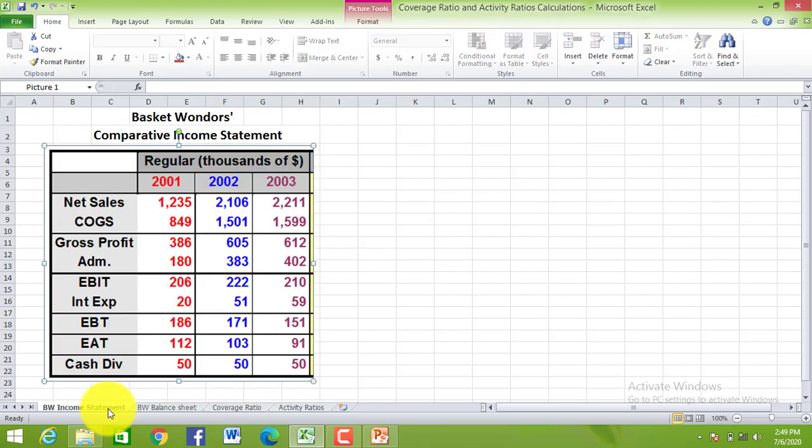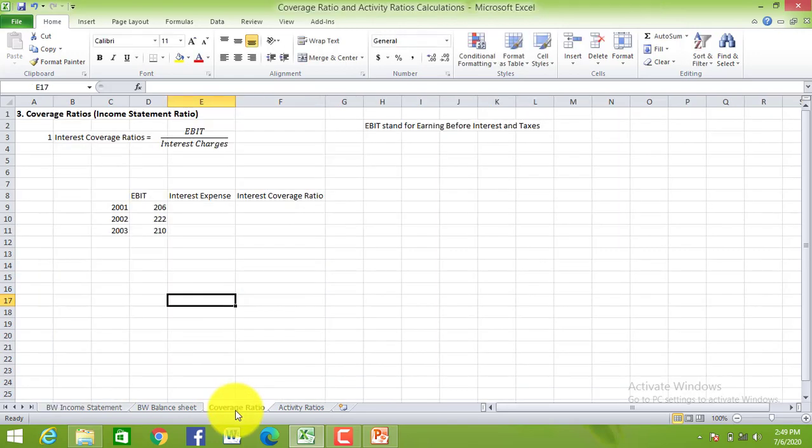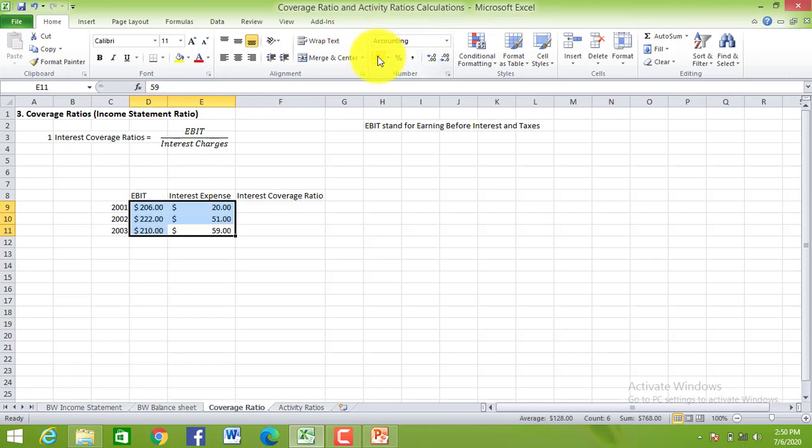Then we have to write the interest charges: 20, 51 and 59. You can change it into dollars; you can add the dollar currency with it from this option.